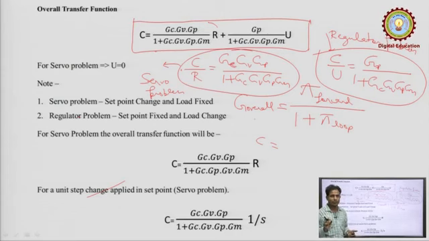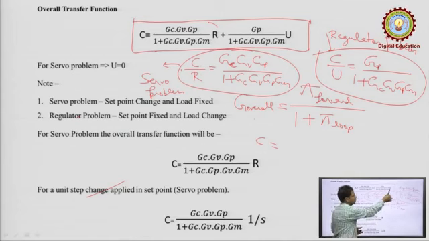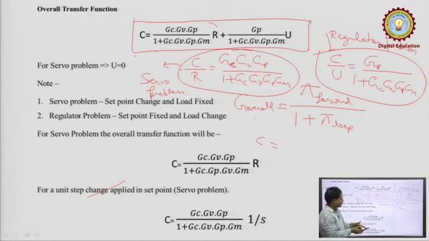And if I want the overall transfer function for the servo problem, meaning set point change, meaning load equal to 0, I will write u equal to 0. That means that term will vanish. So, you can easily find C by R, already written here: GC GV GP upon 1 plus GC GV GP GM. That is for the servo problem, that is for the regulator problem, and that is the overall transfer function for the system.